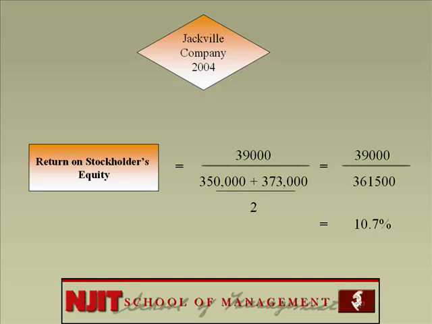This means that for every dollar invested by the owners, they get about 11 cents return. Every dollar that you as an investor invest, you get 11 cents return from the company. Do you want this high or low?